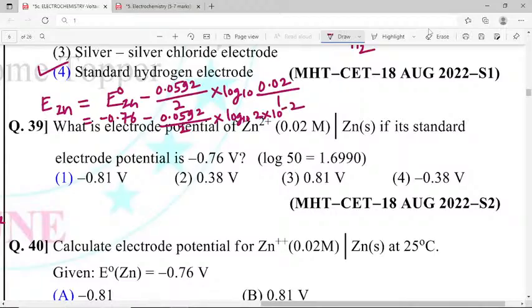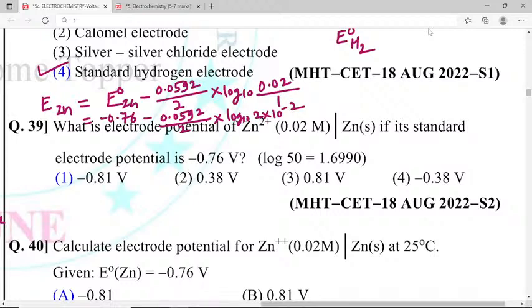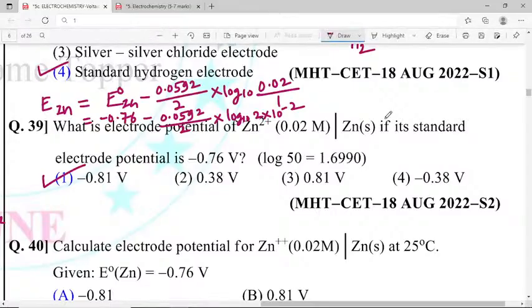So the minus 2 becomes plus, the 2 gets cancelled. So minus 0.76 minus 0.0296 times 1.6990, and the answer should be minus 0.81. Minus 0.81 is your answer.